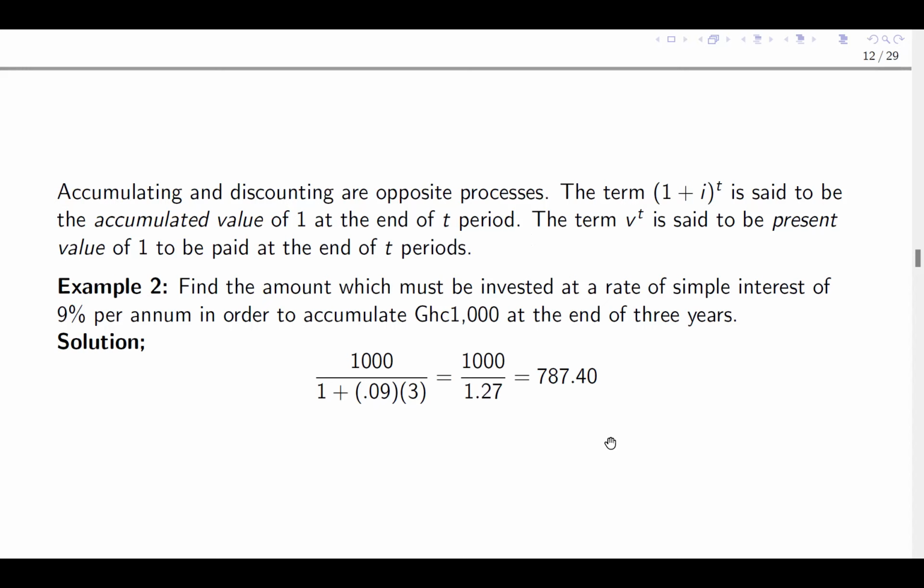Okay, so let's look at an example here. Find the amount which must be invested at a rate of simple interest of 9% per annum in order to accumulate 1,000 at the end of 3 years.